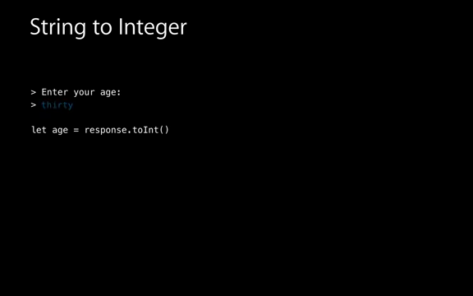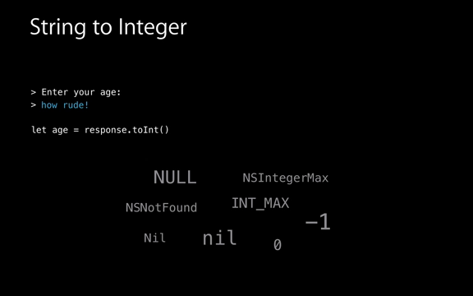The user has full control over what they're entering. So if they try to get cute or snippy, we don't really have a clear value to return in this case. So what do we do? What value do we return? Well, we have lots of options, right?